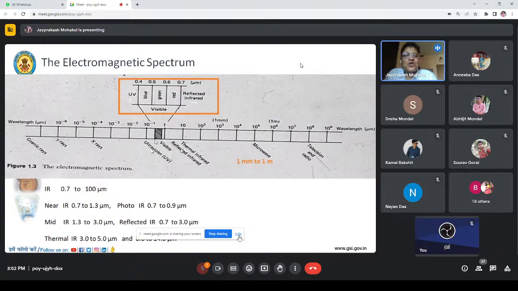Visible is 0.4 to 0.7, and 0.7 to 3 micrometer is normally the reflected infrared. 3 to 15 micrometer is the thermal infrared, and then 1 mm to 1 meter is microwave, and beyond that it is all television and radio signal.